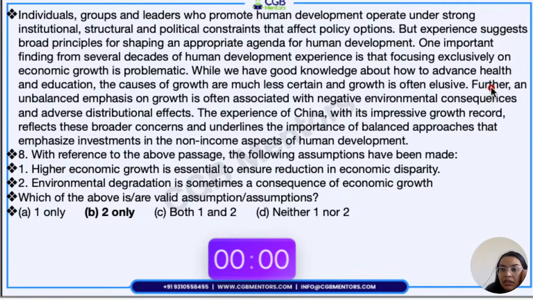So at this point, further जो author समझा रहा है, he says an unbalanced emphasis on growth, मतलब कि जितना होना चाहिए, again if it is not as much as needed, it is often associated with negative consequence. Negative consequence degradation है. So environmental degradation is not always but sometimes a consequence, a result of economic growth. तो वही तो ऑथर बोल रहा है. ऑथर तो यही बोल रहा है ना कि ग्रोथ अकेला कैसा भी ग्रोथ हो जाए doesn't mean कि प्रॉब्लम सॉल्व हो गई.